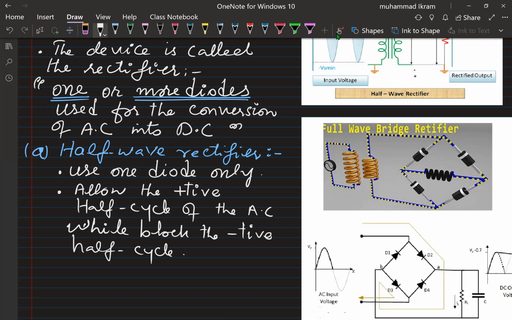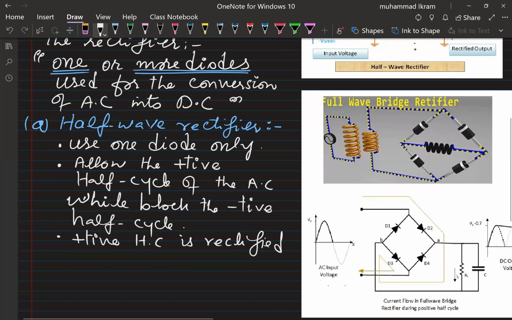So only the positive half cycle is rectified, while the negative half cycle is blocked. This is known as half wave rectification, the half wave rectifier.